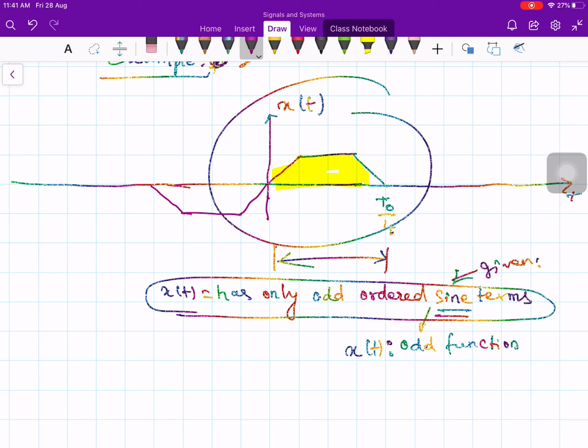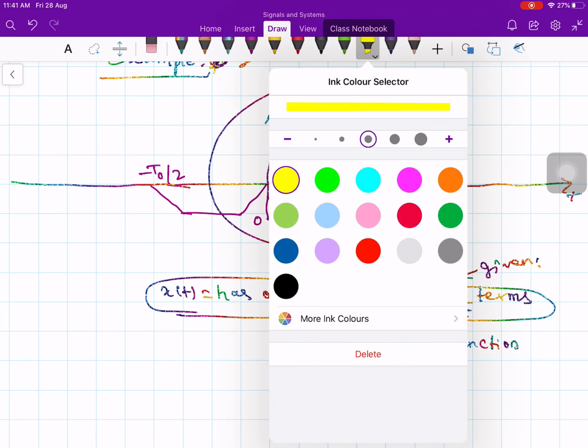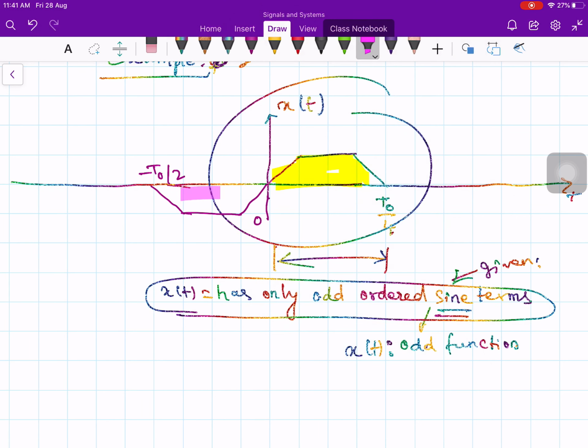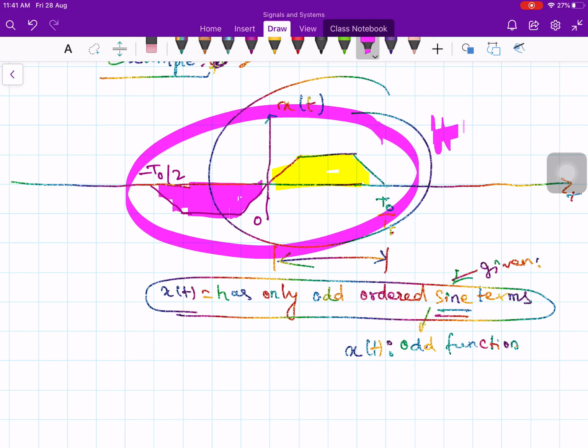So this is 0 and this is minus T naught by 4. Now you have the half cycle, so the rest of the cycle you can complete now. Since it is an odd function, you put a negative of that, the negative of this area. So this is half a cycle now.